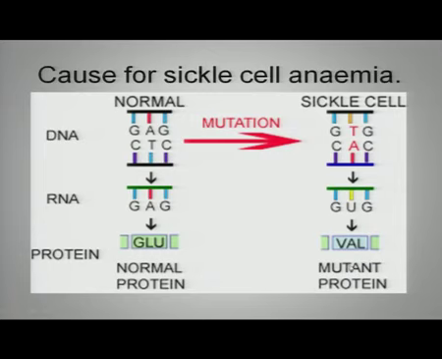So, this becomes the mutant protein, and this is the normal protein for the production of normal hemoglobin. This mutant one is abnormal hemoglobin, for the production of sickle cell RBC.